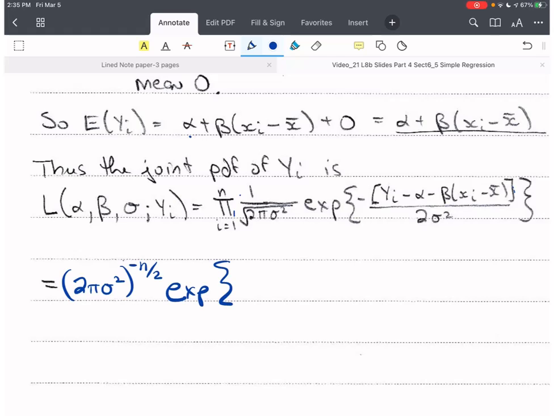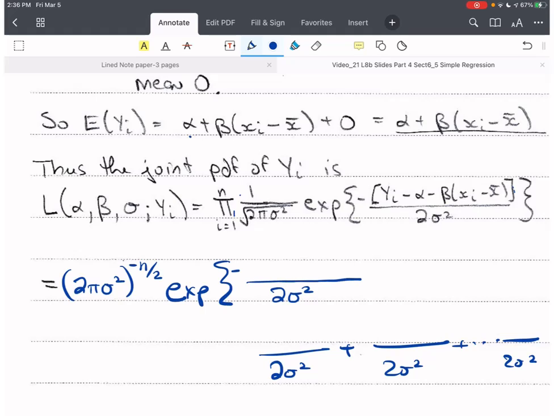Now, when we are adding, I've got something over 2 sigma squared plus something over 2 sigma squared. That's a common denominator. We do not add the denominator, right? We add what's in the numerator. So we're going to end up with the same denominator, but in the numerator we're going to have that negative, and then the sum of yi minus alpha minus beta times xi minus x bar, and I can't forget the square. I've forgotten the square up here.